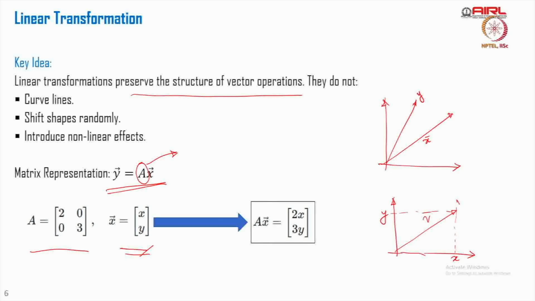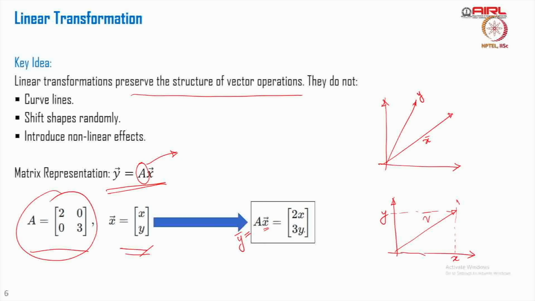Now if we attempt one linear transformation through this particular matrix A, then the resulting outcoming vector y will be equal to A into, that means the matrix multiplication of this particular vector x, right?